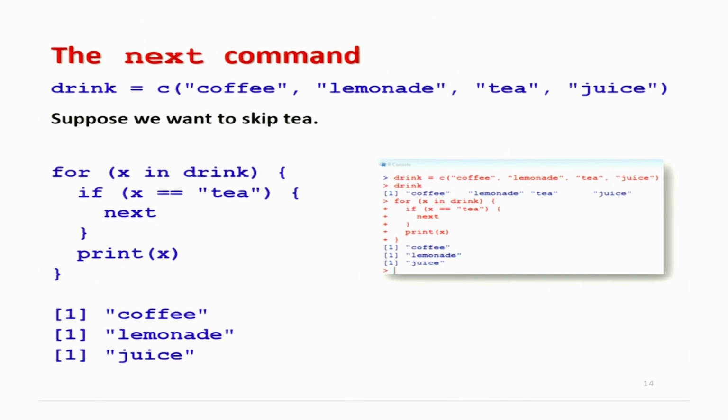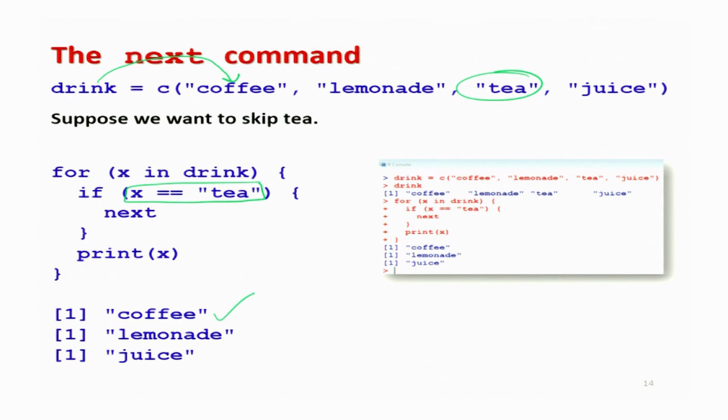And suppose I try to repeat this example for a different value. Suppose I want to skip tea. So, in the same program I write down here, if x is exactly equal to tea, then please skip and use the command next for doing it. So, the program will start from drink, it will take the first value coffee, there is no issue in coffee.